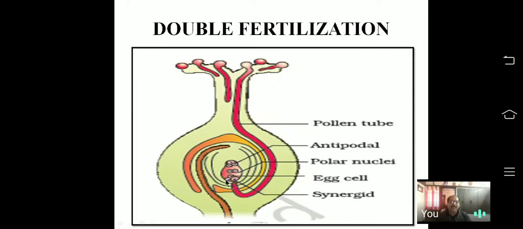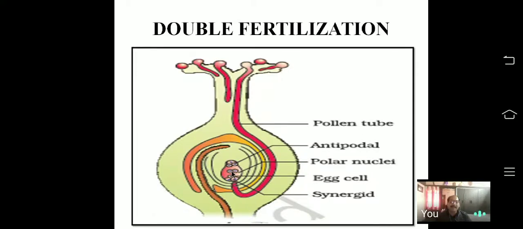After fertilization, the zygote develops into an embryo. After fusion of the central cell and sperm, there is a formation of the triploid primary endosperm nucleus, commonly called PEN.